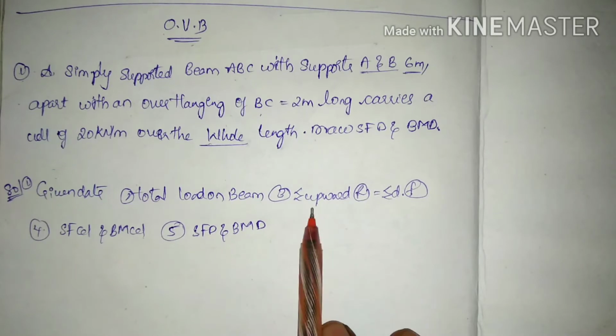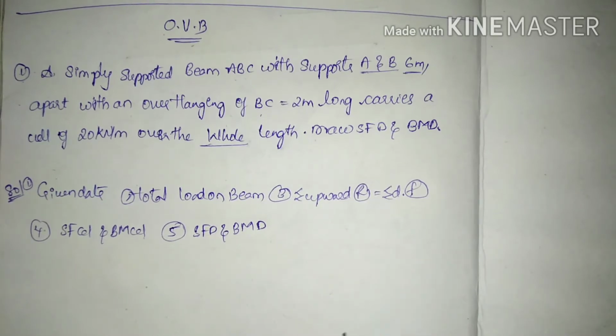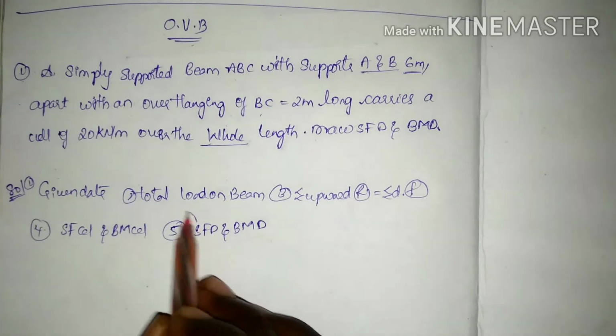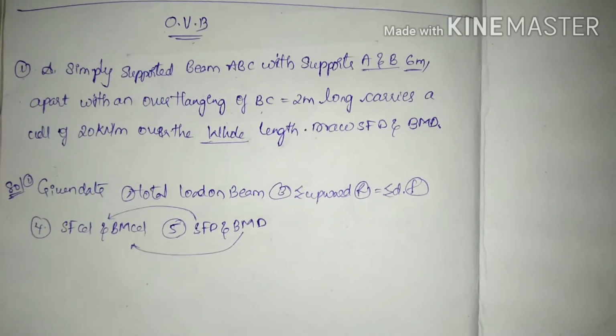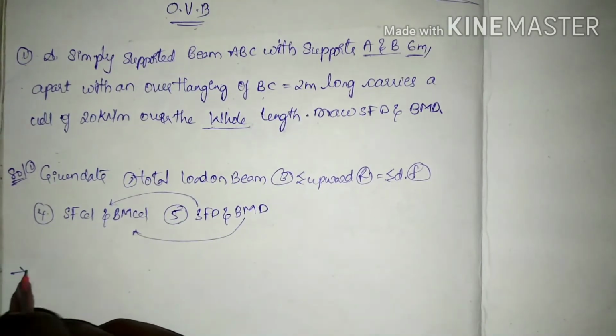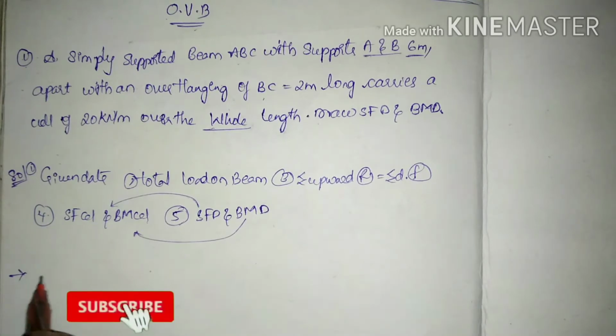Number 3, summation of upward reactions is equal to downward forces acting on the beam. Number 4, shear force calculation and bending moment calculation. Number 5, shear force diagram and bending moment diagram with respect to their calculated values.